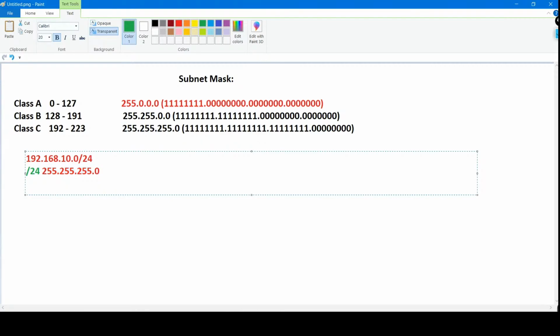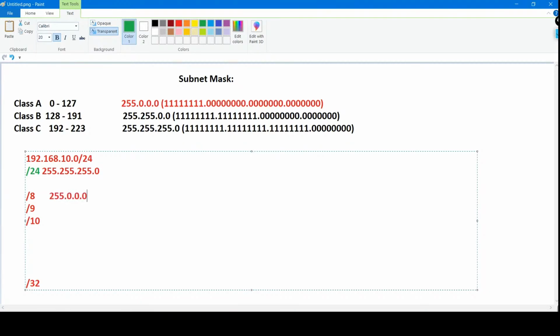So here you can mention the decimal value /8, /9, /10 till /32, right? As you know, the subnet mask for /8 will be 255.0.0.0.